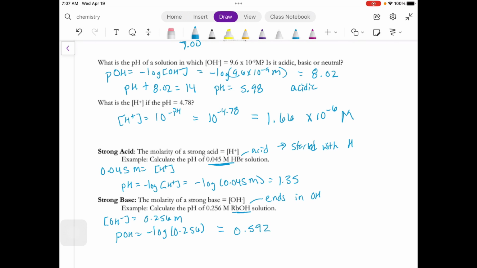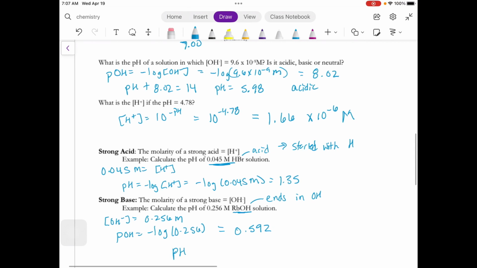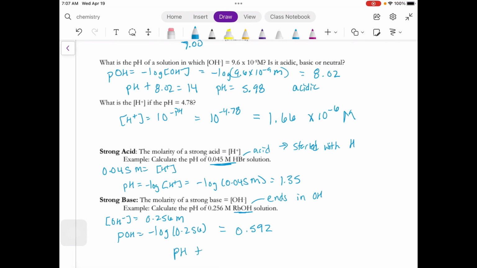And so my pH plus my pOH, 0.592, will equal 14. So the pH will equal 13.408.